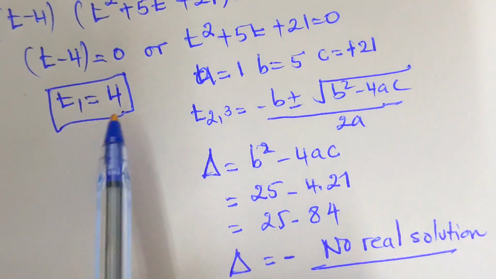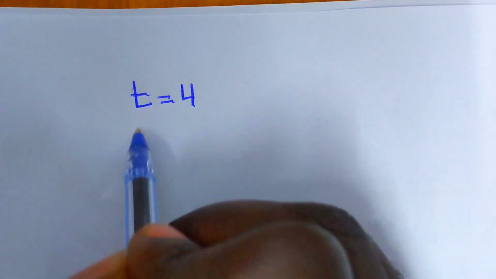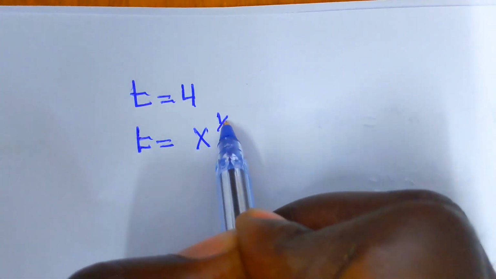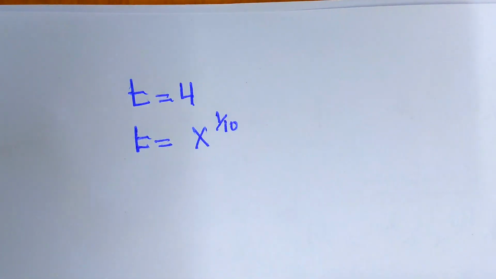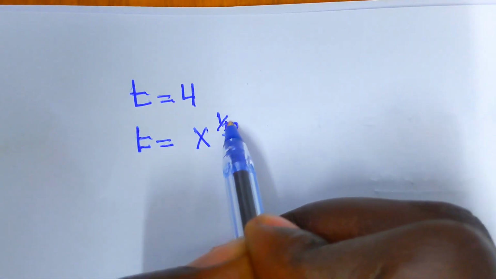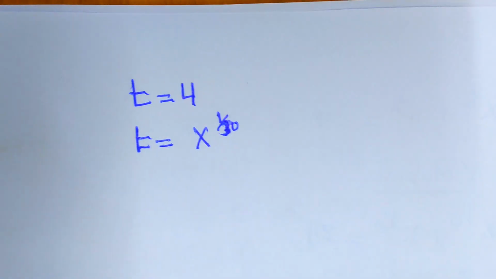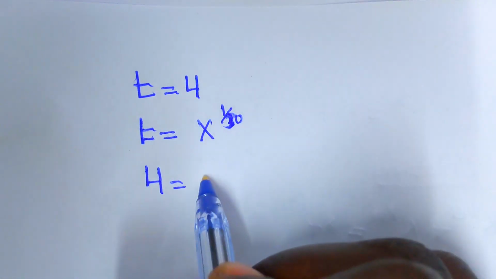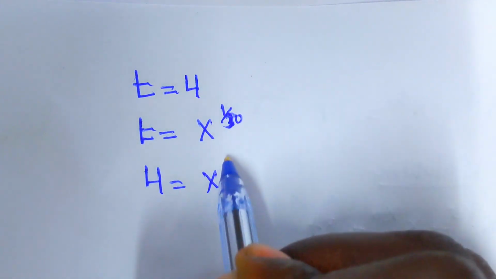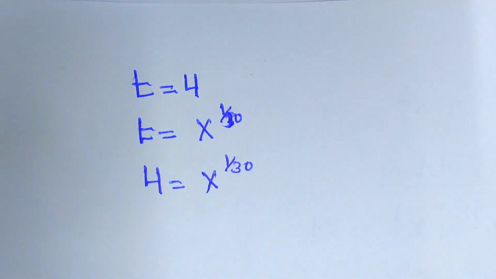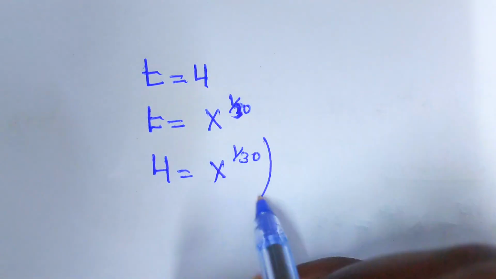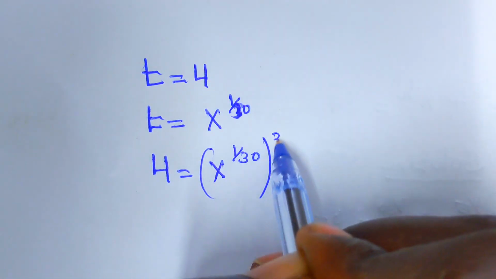We can continue with this one. We have t equal to 4, and we know that t is equal to x^(1/30). So 4 equals x^(1/30), and to remove the 1/30 power we raise both sides to the power 30.